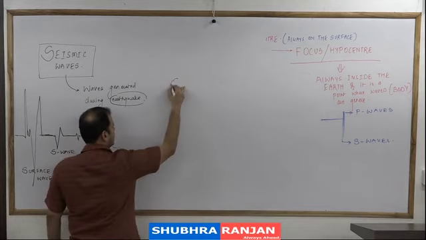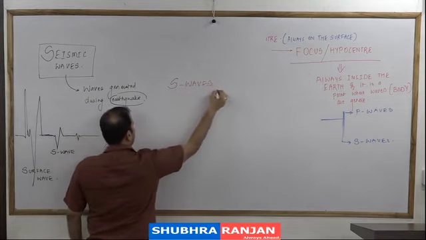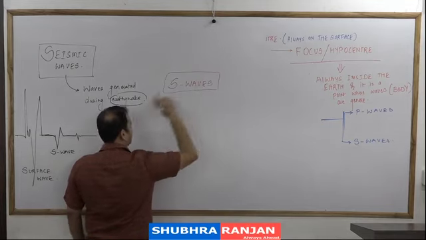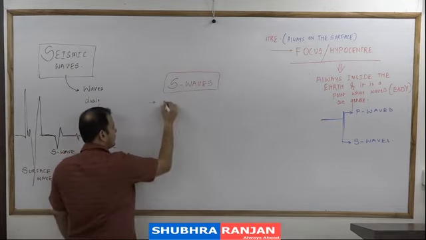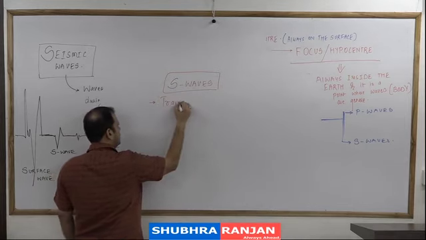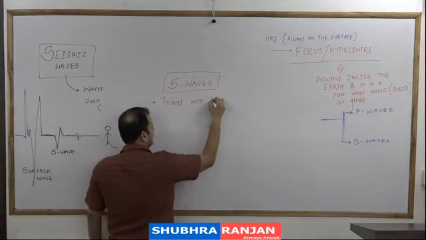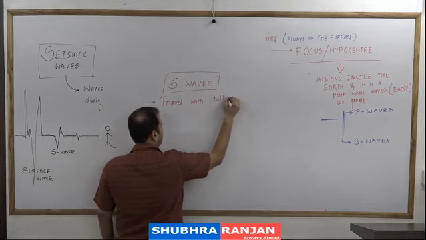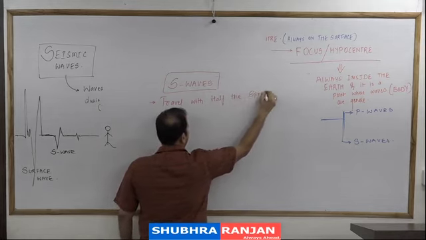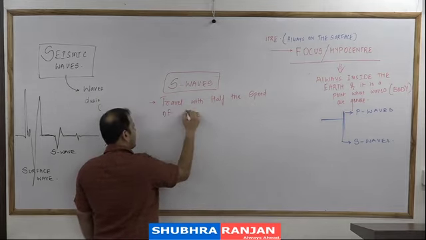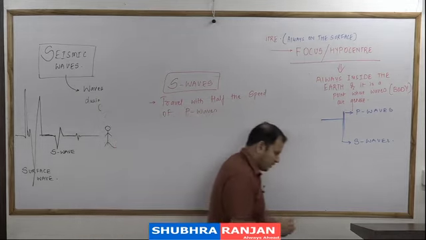Then S waves travel with half the speed of P waves.